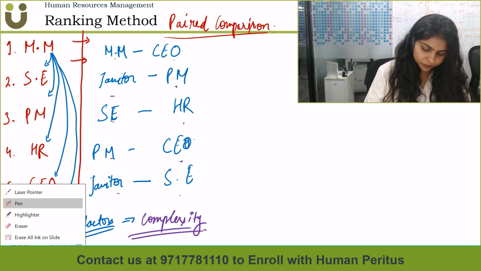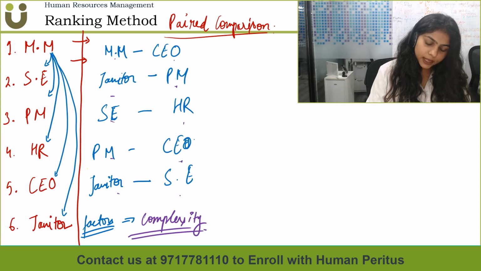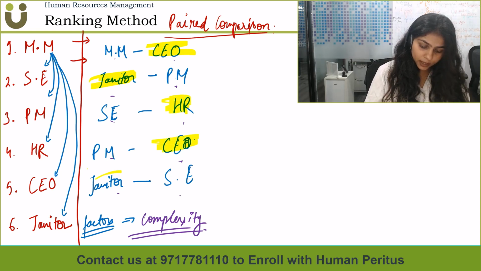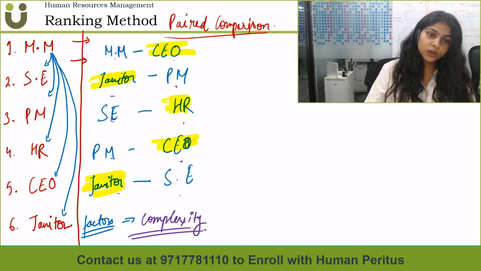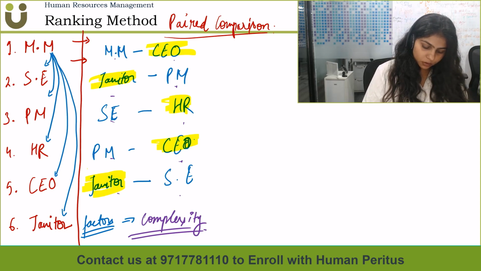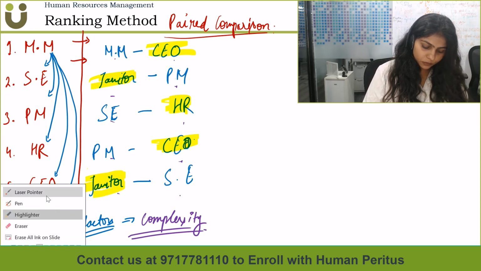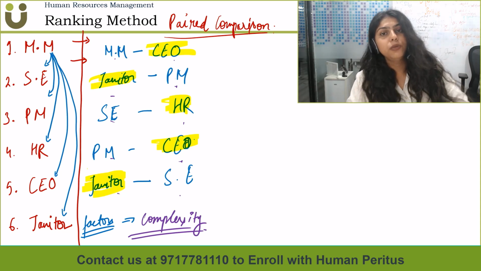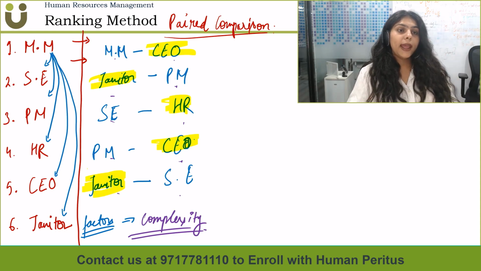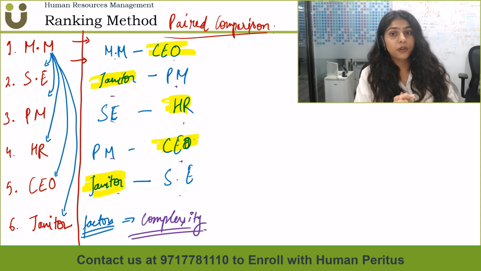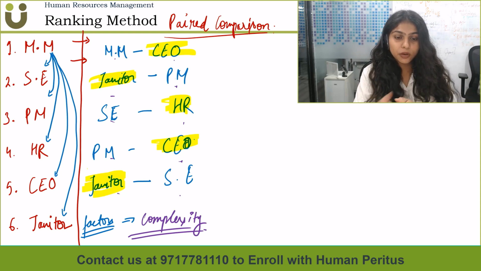Let's say I think the CEO, then the janitor, then the HR manager, the CEO, and then the janitor. I pick out whichever is the more important job out of the pair, and that is it for the paired comparison method. That is all you do.